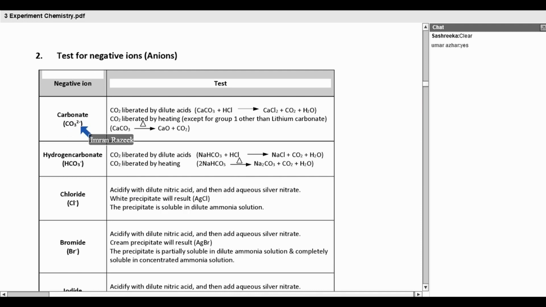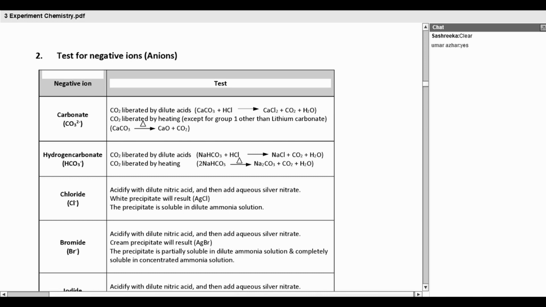As for tests for anions, first of all, carbonates. Any carbonate, when you add an acid, it liberates carbon dioxide. Certain carbonates, when you heat, you get carbon dioxide, other than the group 1 carbonates. Of course, group 1 carbonates will not decompose except for lithium carbonate. Other than that, any other carbonate, when you heat, it releases carbon dioxide gas, which turns lime water milky.